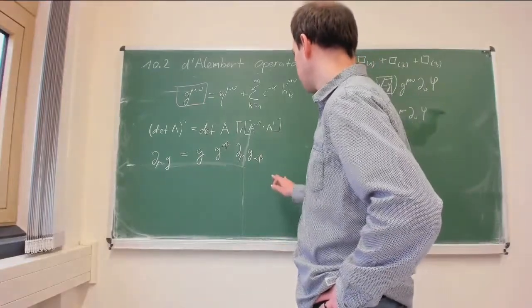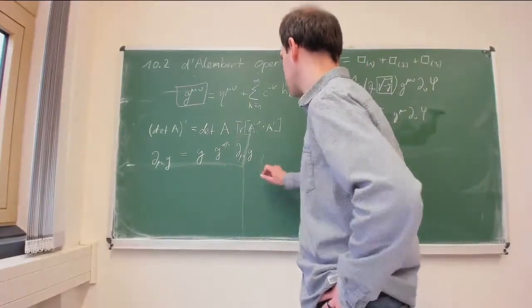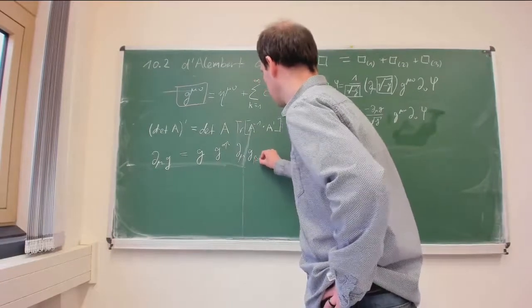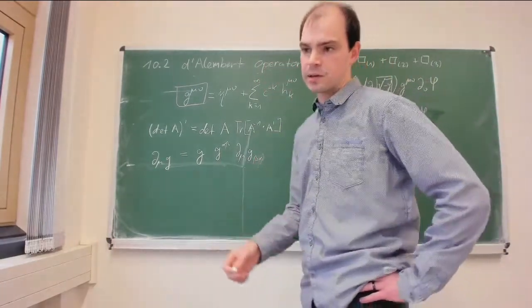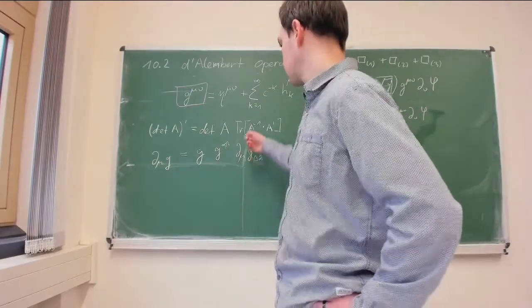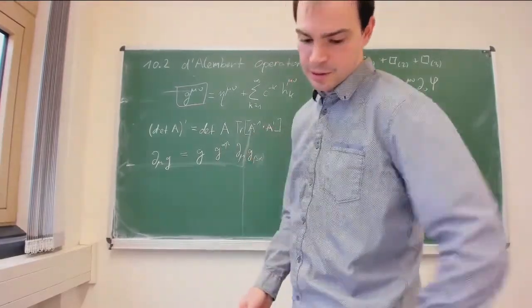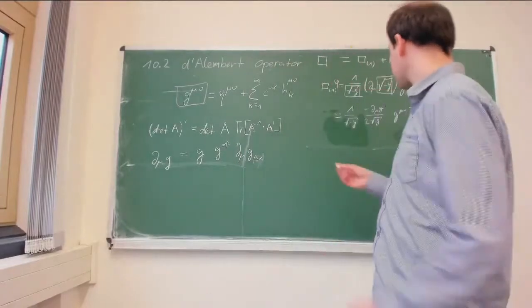Appropriately, if you want to take the trace properly, then you have beta alpha here, so this is the transposed matrix.